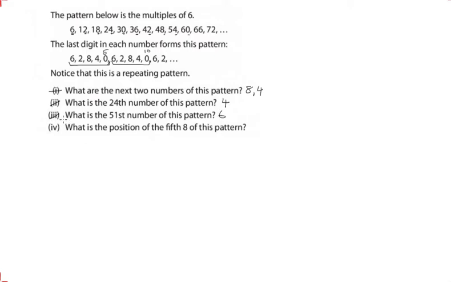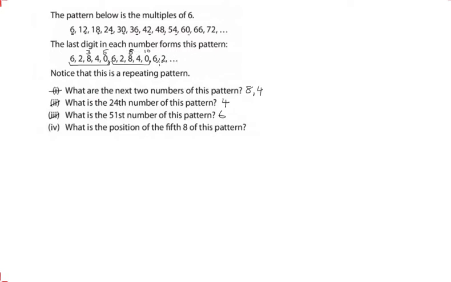What is the position of the 5th 8 in this pattern? Okay, so the 5th 8. Well, what's the position of the 8 in the first pattern? It's 3, and then where's the next one? It's 5, 6, 7, 8.